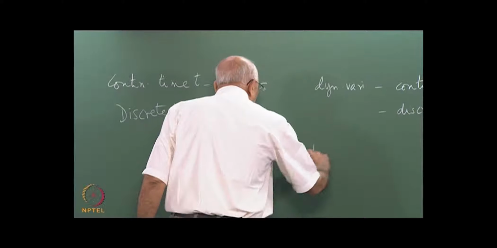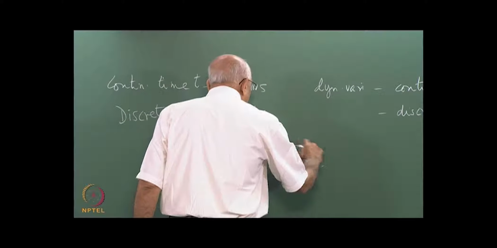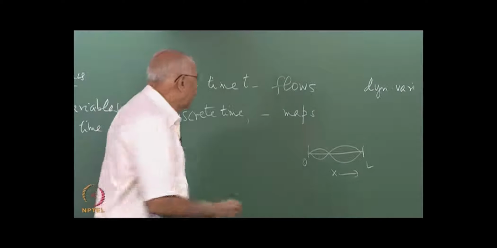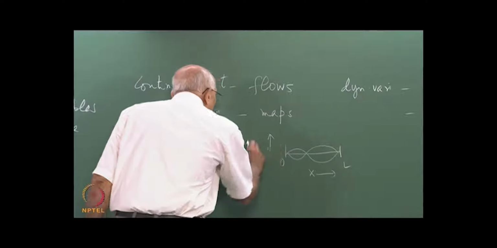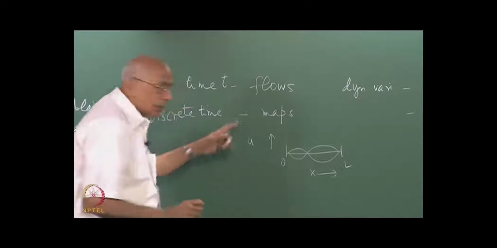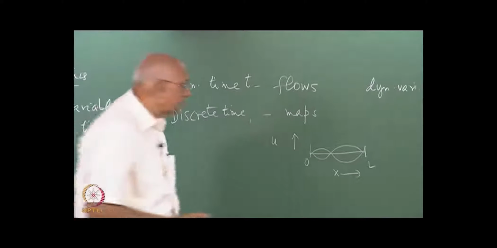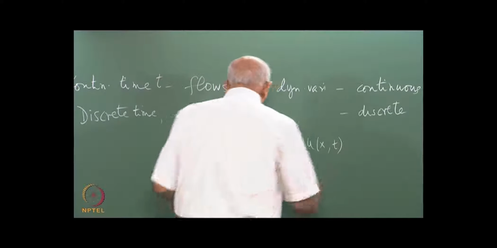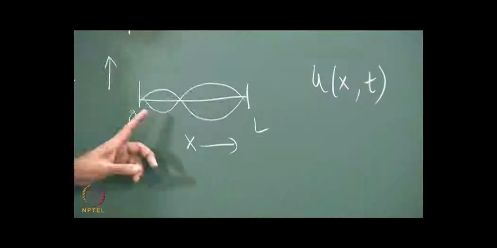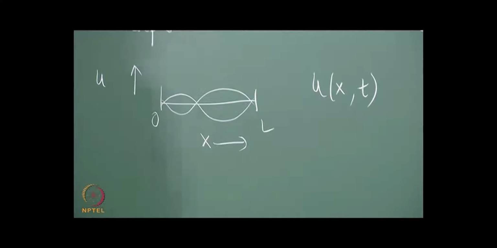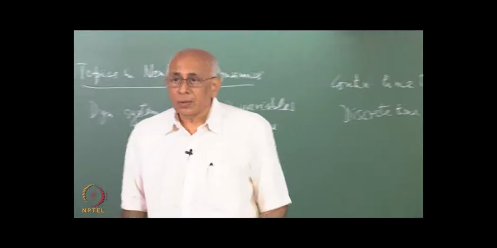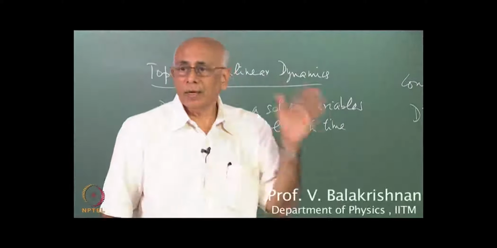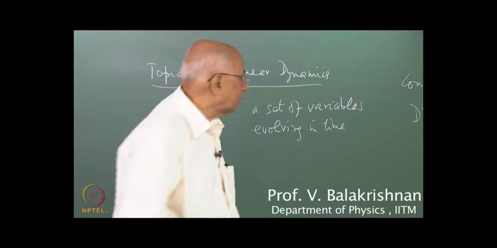Perhaps at some instant of time the string looks like that, at another instant of time it looks like this, it is vibrating for instance in standing waves. Then if you have a u here to represent the transverse displacement at any instant of time at any point, it is a function of both this continuous variable x as well as the time which is continuous. So this system is described now by a continuum of dynamical variables, if you like.